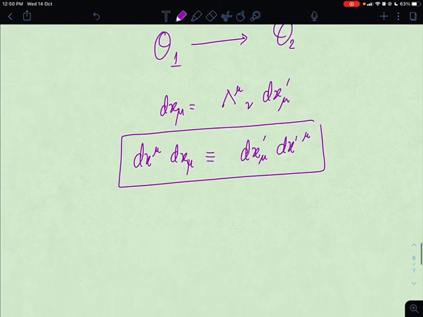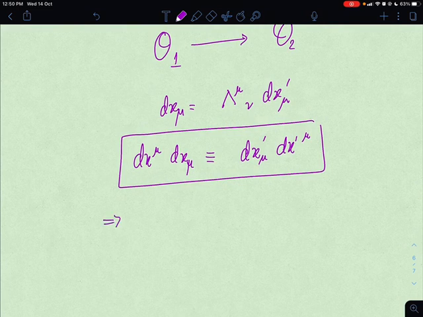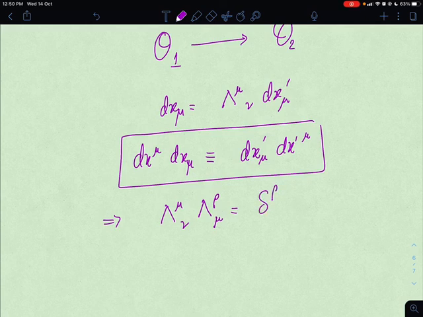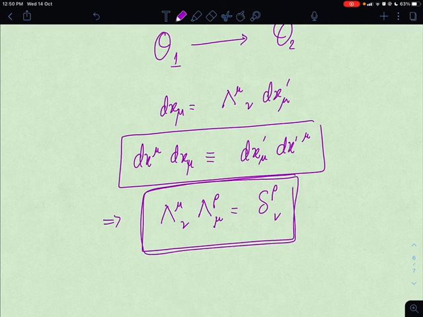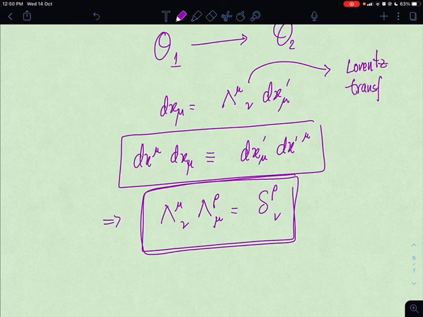This leads to the condition that, if you apply this carefully, lambda mu nu lambda mu rho is equal to delta nu rho, where lambda mu nu is the matrix called the Lorentz transformation.